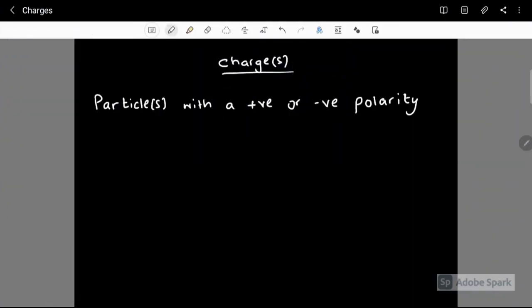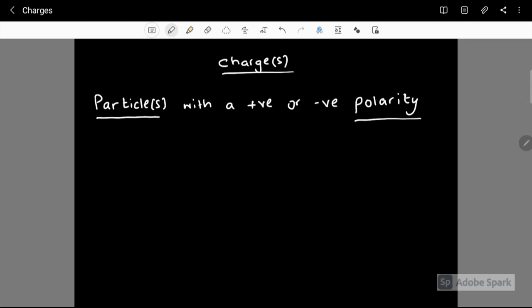A charge or charges are particles with a positive or negative polarity. Now, polarity relates to the previous section where we discussed that it is simply a property of anything and that anything is particle or particles for this case.